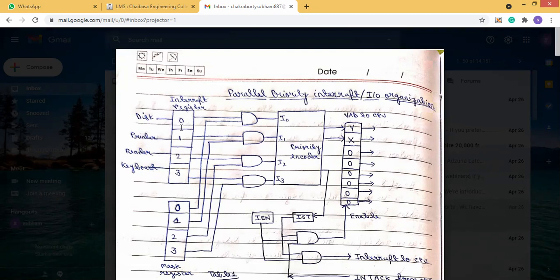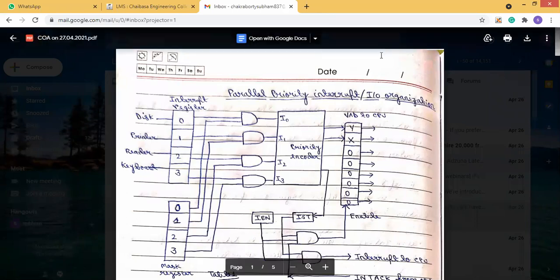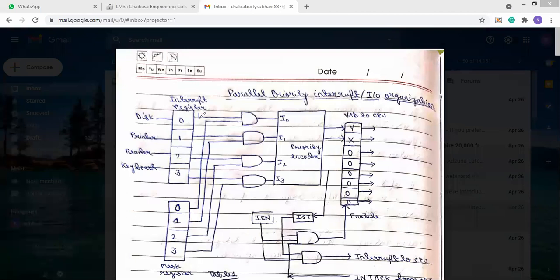So disk is mentioned as 0 and keyboard is mentioned as 3. Now the input output devices which generate an interrupt make the interrupt register value 1. Those devices which generated the interrupt, their output will be 1.